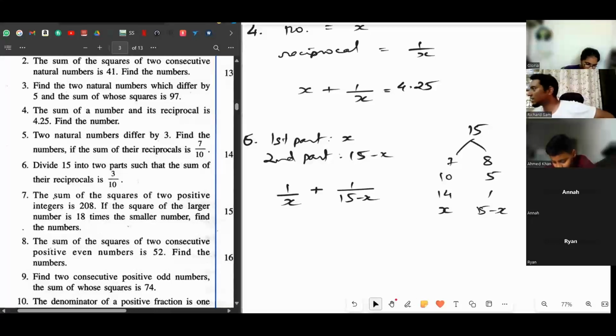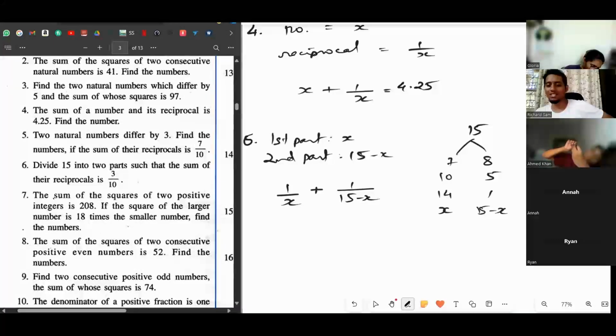What is so hard? Reciprocal means you just put 1 upon. Is means equal to. Equal to what? The sum of the reciprocals is 3 upon 10.